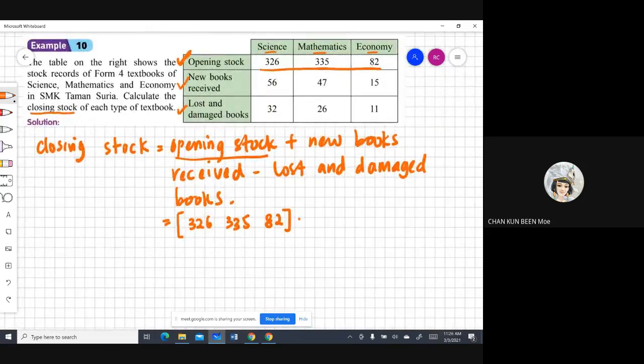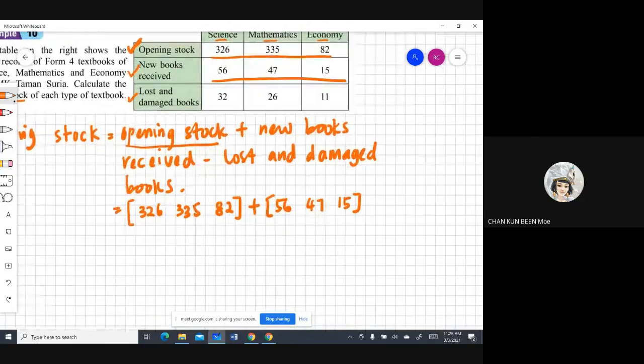And then you plus new books. New books is 56, 47, 15. After that, you have lost and damaged books, this part. You minus it. 32, 26, 11. Okay, so you are going to calculate it using a calculator also can. If you can memorize, you calculate in your mind also can. 326 plus 56 is 382. 382 minus 32 is 350.